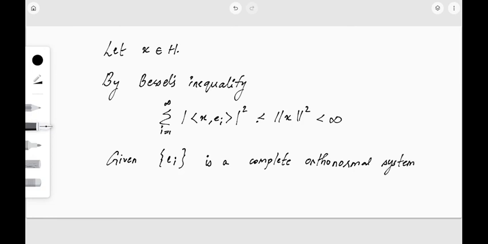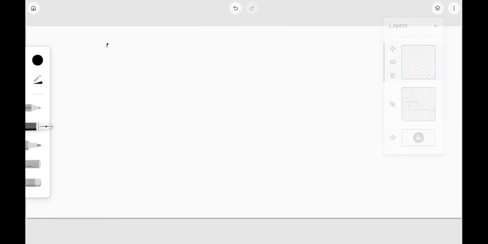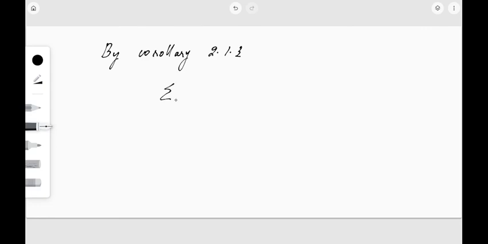Since this is a complete orthonormal system, I am going to use a corollary which we had done before, that is, by Corollary 2.1.3. If we have a complete orthonormal system, we can find that the term summation i equal to 1 to infinity inner product x e_i is an element of that space.